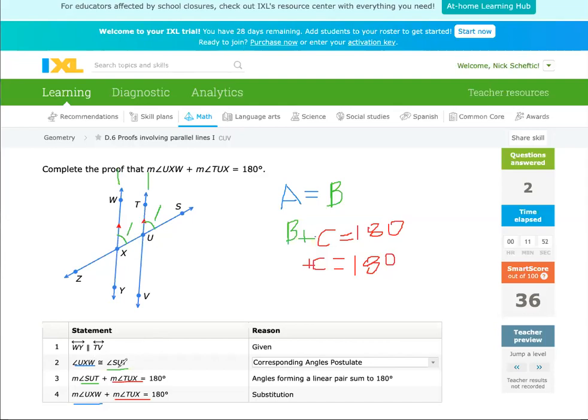So you see the blue and the green, the green and the red, and the blue and the red. So I got A is equal to B, for example, B plus C is equal to 180 degrees. And then this one is going to be A plus C is equal to 180 degrees. So this is a substitution.